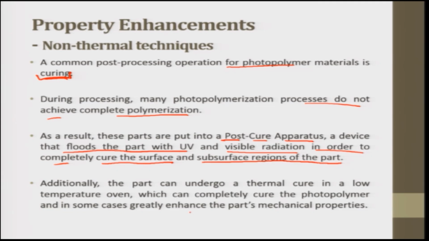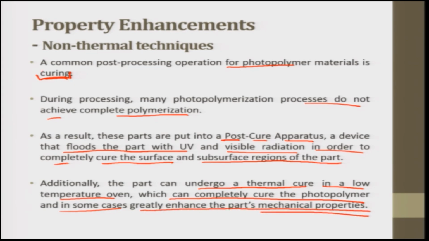Additionally, the part can undergo a thermal cure in a low temperature oven, which can completely cure the photopolymer and in some cases greatly enhance the part's mechanical properties, that is curing.